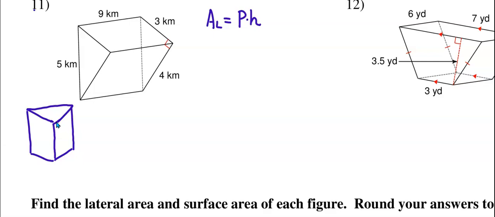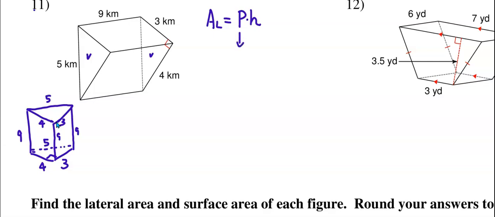I just rotated it. This one is actually the top base, bottom base. If I rotate it, I can see this is 3, this is 4, and this is a right triangle, and this is a 5, which means this is a 5, this is a 3, this is a 4, and this is 9. Okay, now you got it.